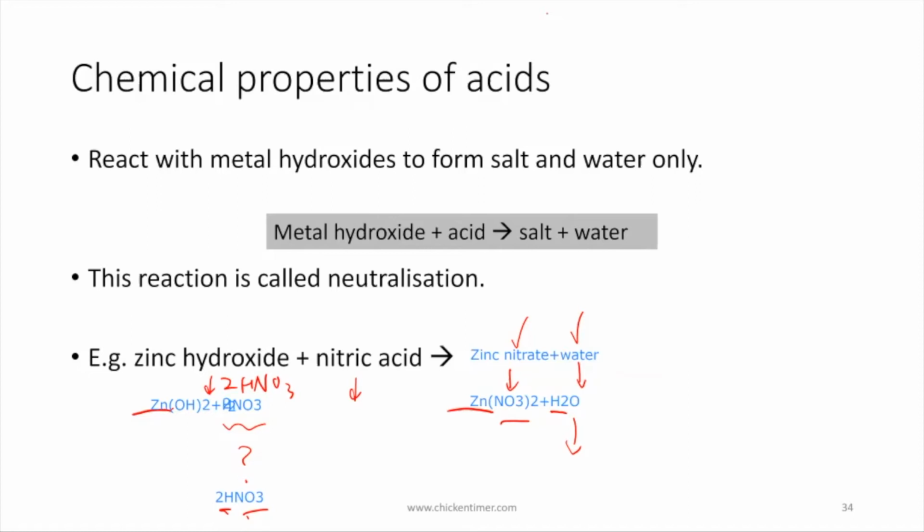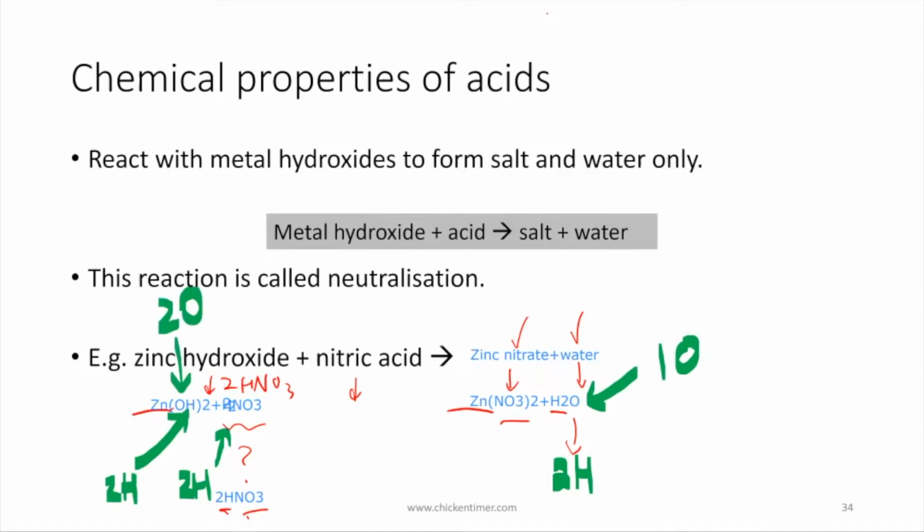Okay, down here there are two hydrogens. Here this one has two hydrogen. Down here has two hydrogen. So total 4 hydrogen. Then this side has 1 oxygen. This side has 2 oxygen.